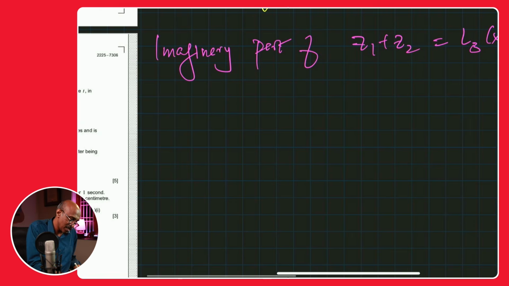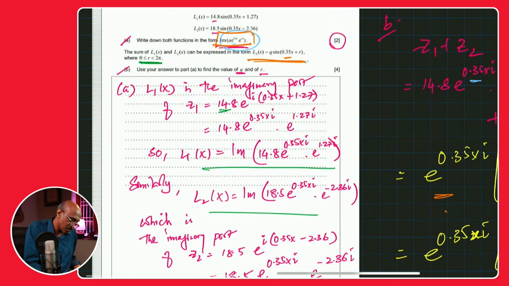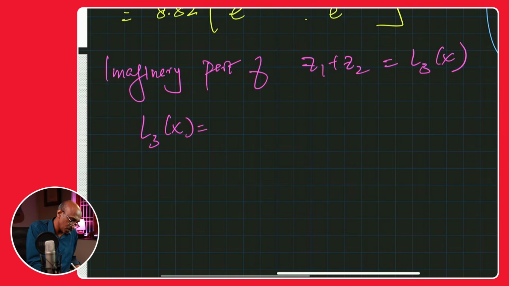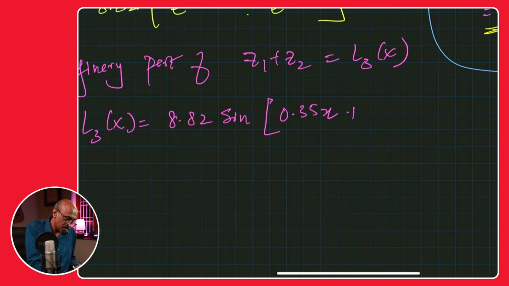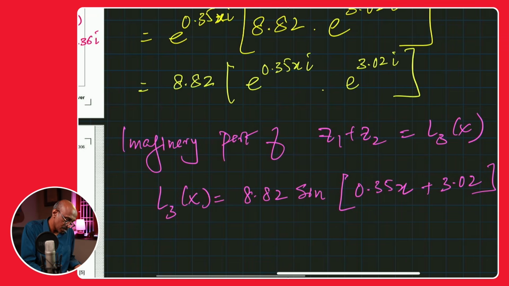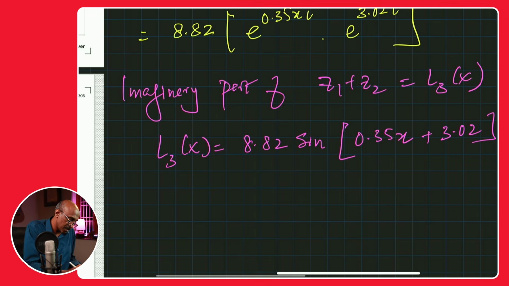So which will then be L3x is going to be equal to, are we writing it in that form? We can just write it as 8.82 sine of 0.35x. Now we can ignore the i because it's the imaginary part, plus 3.02, okay, 3.02. That's it.